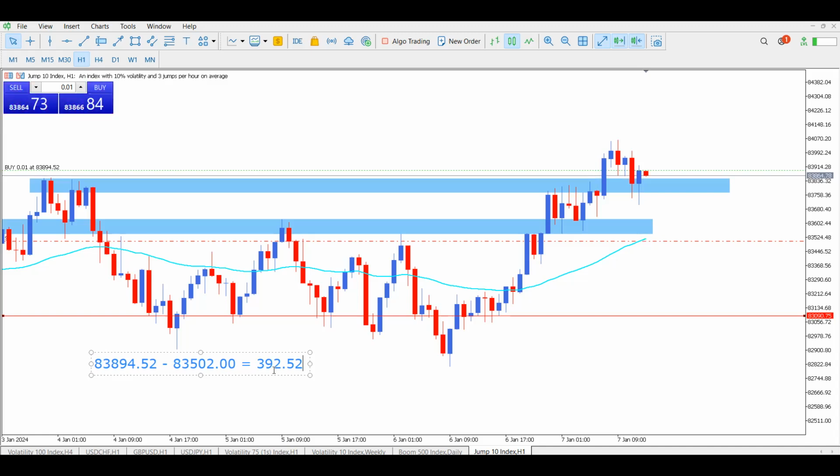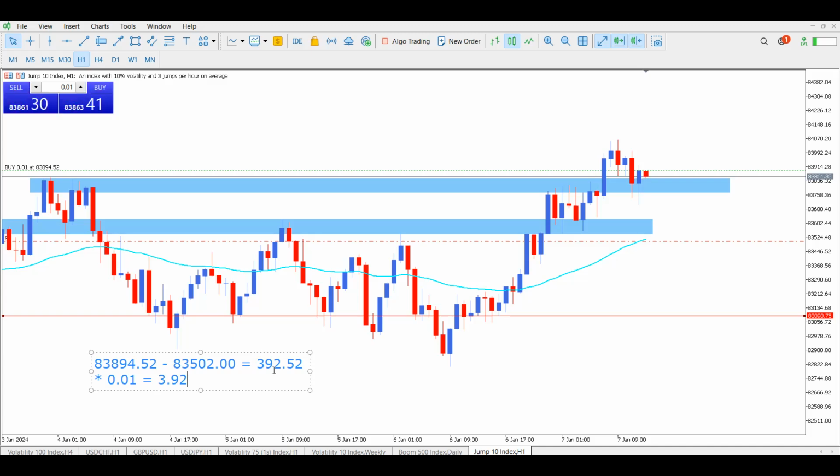And then by the time we multiply this by our lot size being 0.01, which is currently the least lot size we used for this, this gives us the risk on this very trade, and that gives us $3.92.